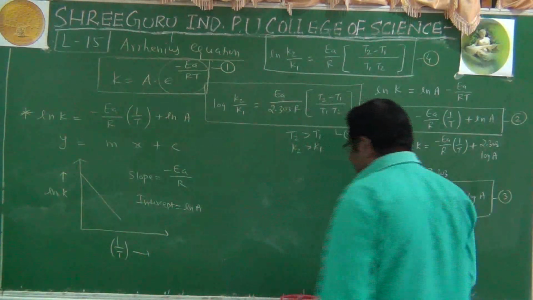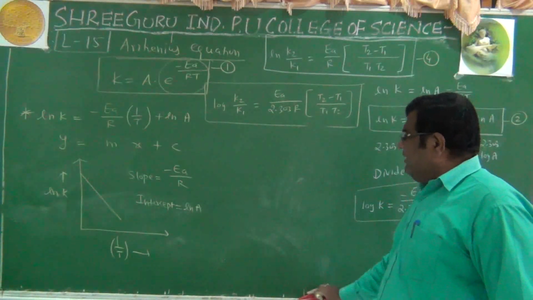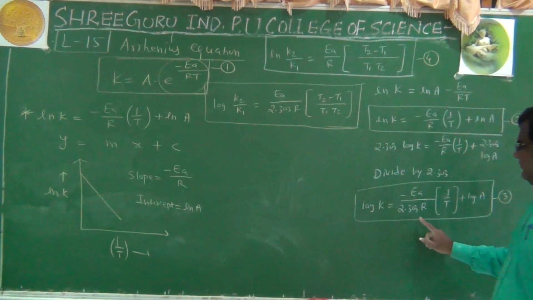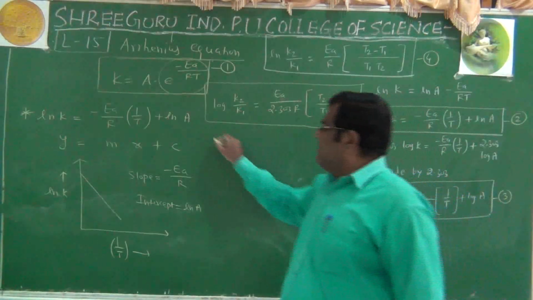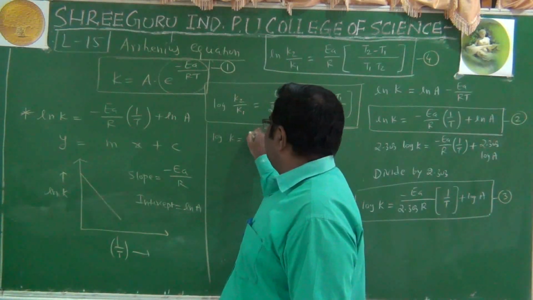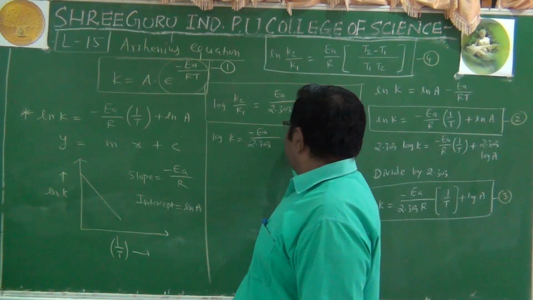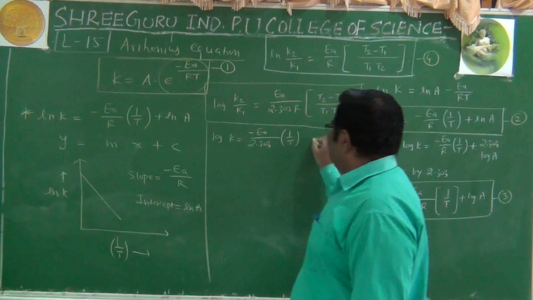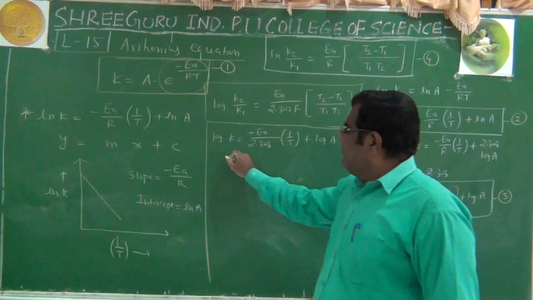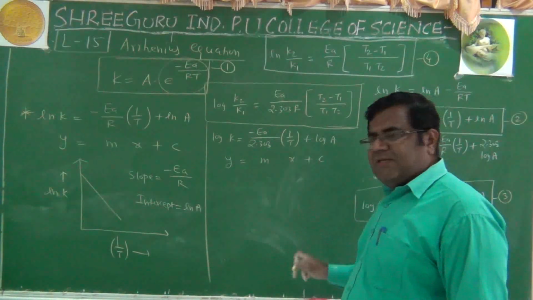Another equation which is again converted into a straight line equation is this one. I'll write this equation once again here. Log of K equals minus EA by 2.303 1 by T plus log A. This is y, this is m, this is x, this is c.